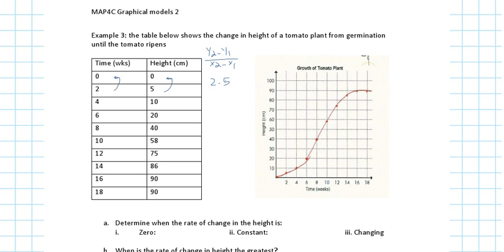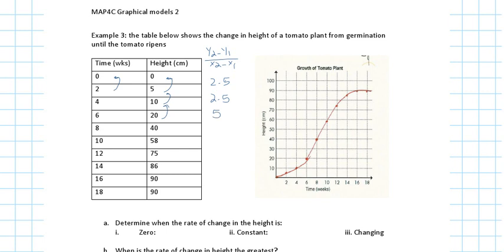Next, I have 10 minus 5 over 4 minus 2. What's 10 minus 5 over 4 minus 2? 2.5. Then 20 minus 10 over 6 minus 4. Do you get 5 for that one?